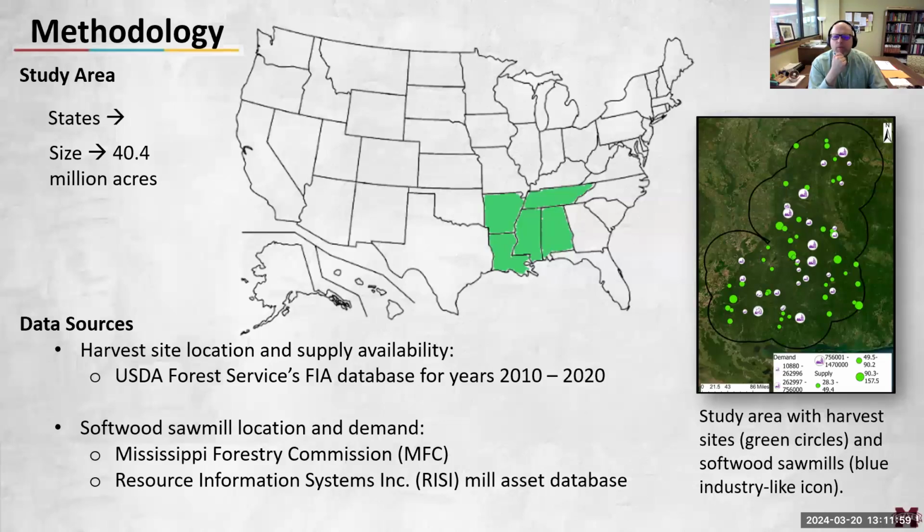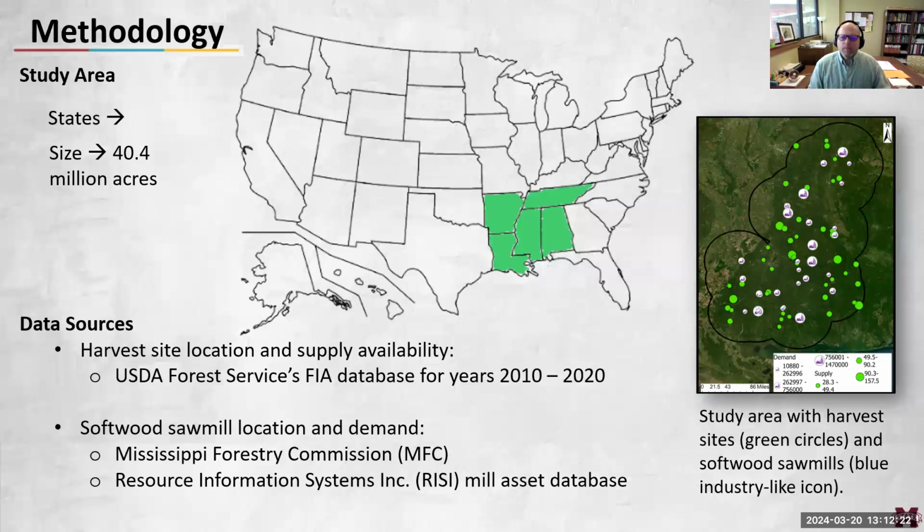So you can see there, those are the actual number of mills in Mississippi for softwood sawmilling. Those harvest sites, though, are arbitrary in that they're only the ones that the Forest Service has documented. And as I showed in that previous slide, we're talking 30 million tons of wood a year. There are far more harvest sites than those.